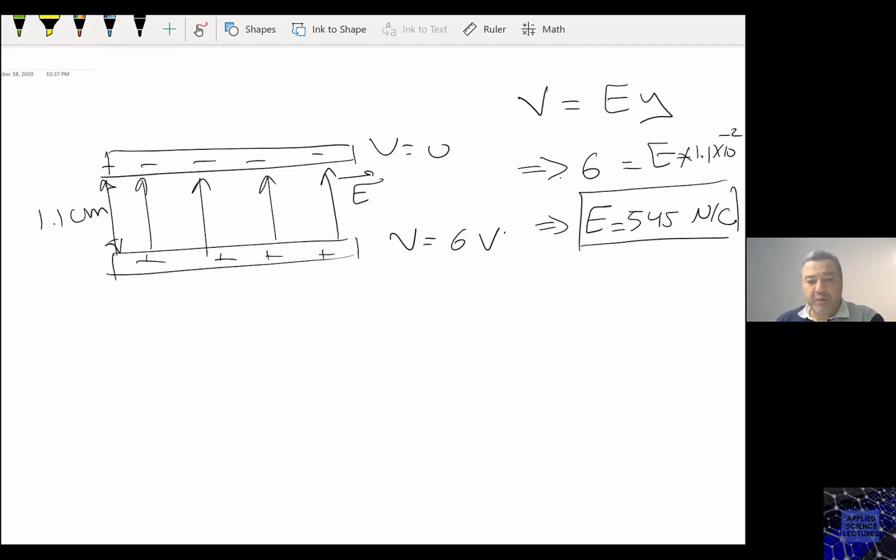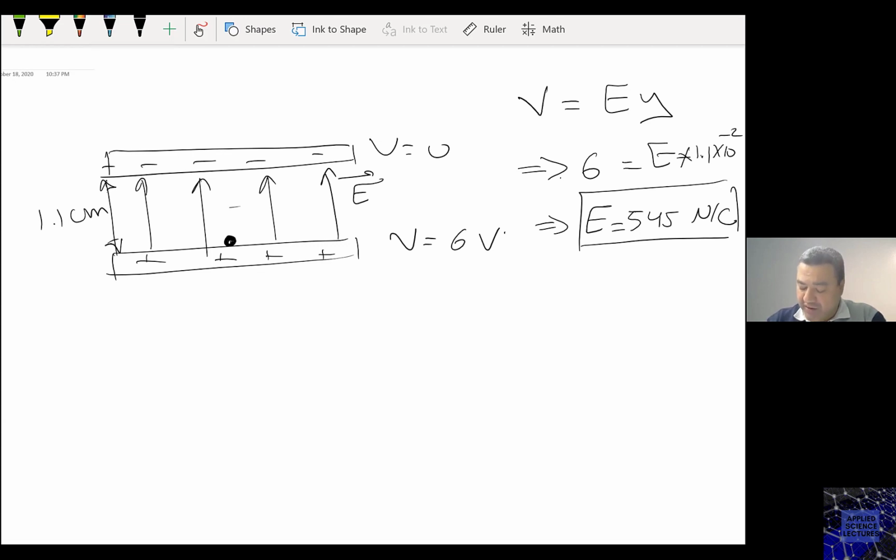Part B, if a proton starts from rest at the positive plate, so we have here a proton at the positive plate, start from rest, what is its speed when it's halfway across the region?